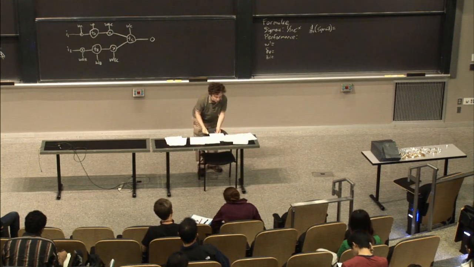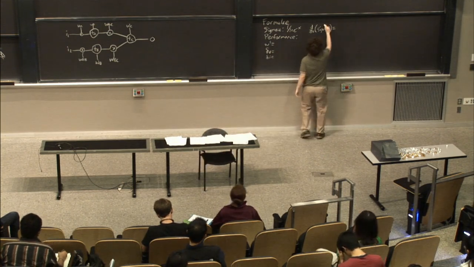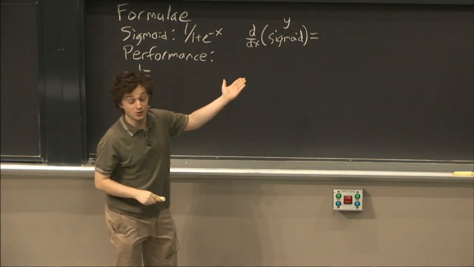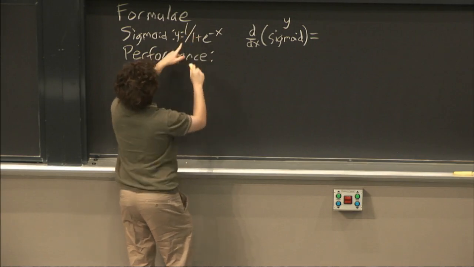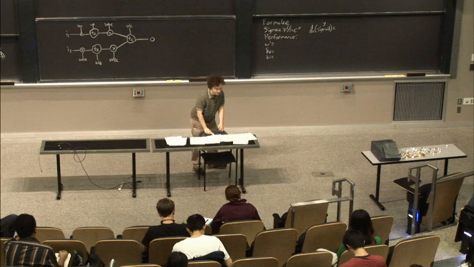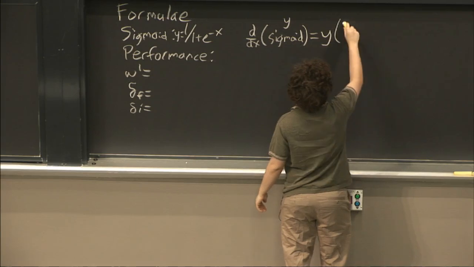Let's say that the sigmoid, we'll just turn sigmoid into the letter y. Y is the result, right? So if you say y equals 1 over 1 plus e to the negative x, then the derivative of sigmoid is y times 1 minus y.